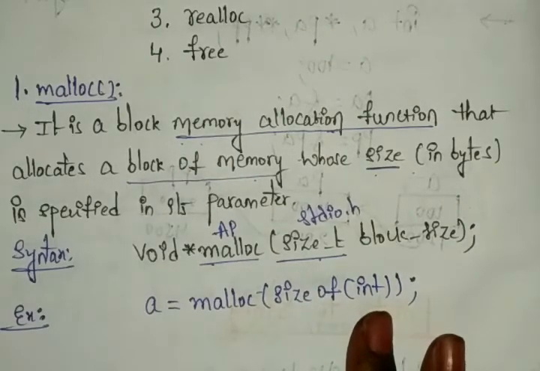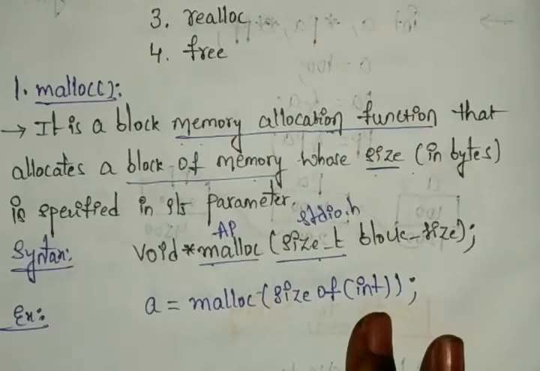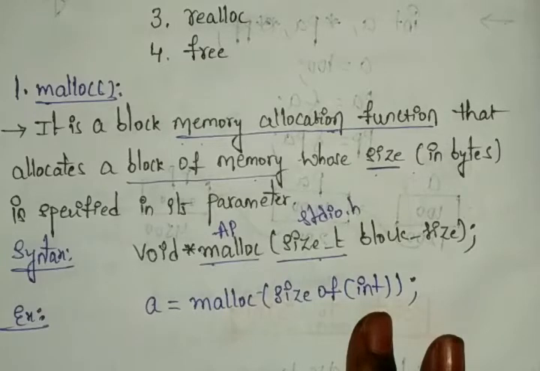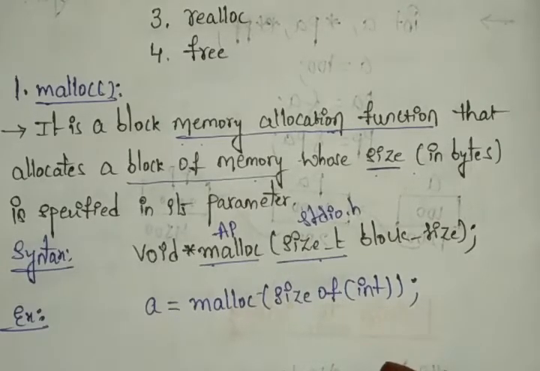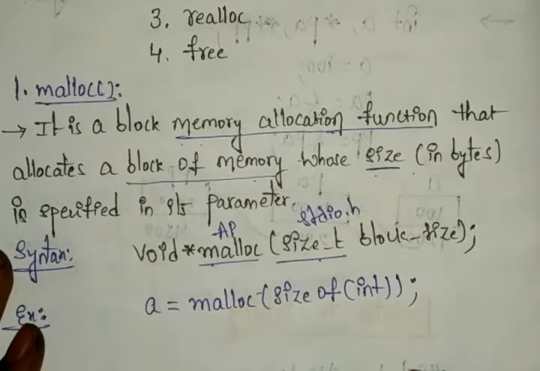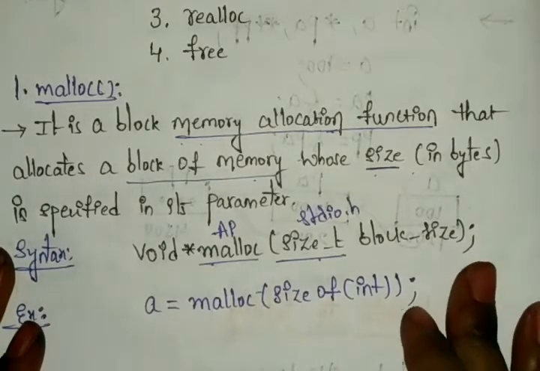Normally, if you are using a 16-bit computer, it uses 2 bytes of memory. If you are using a 32-bit computer, it uses 4 bytes of memory in the program. So here I'm taking 2 bytes of memory.